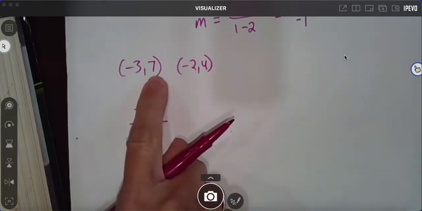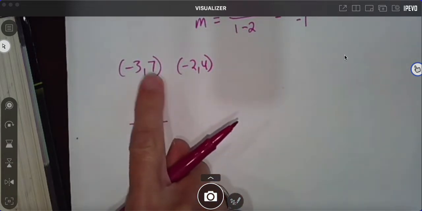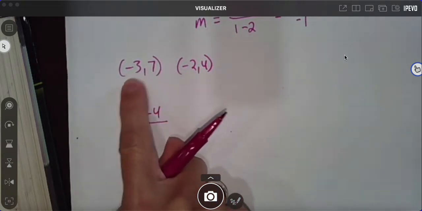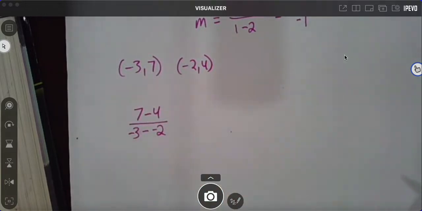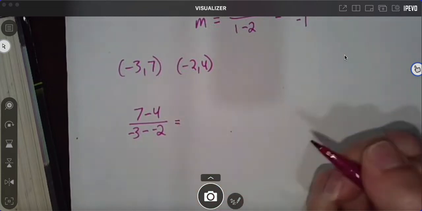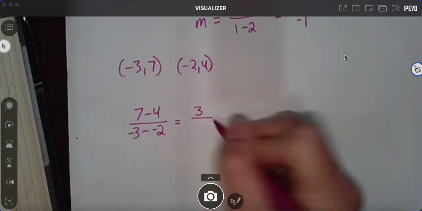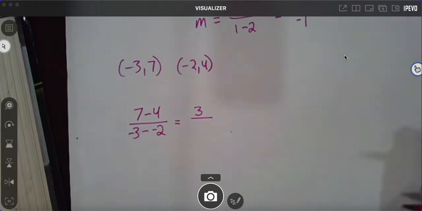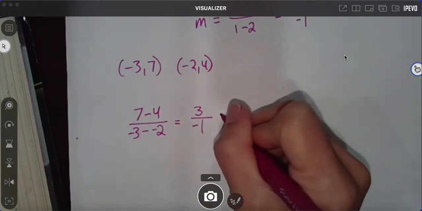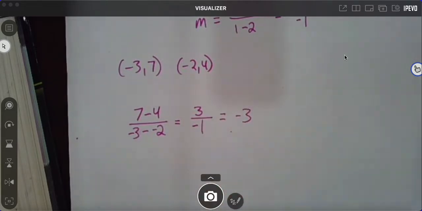If you started with that one, then when you go to the x's, you have to start with this one. -3 minus -2. And then I'll get 7 minus 4 is 3, and -3 minus -2 is -1. If I simplified it, it's just -3 is my slope. That means you go down 3 and over 1. We're getting to that in a little bit.